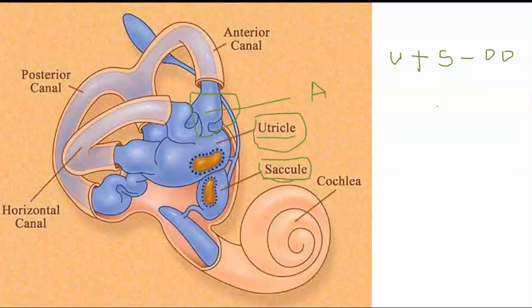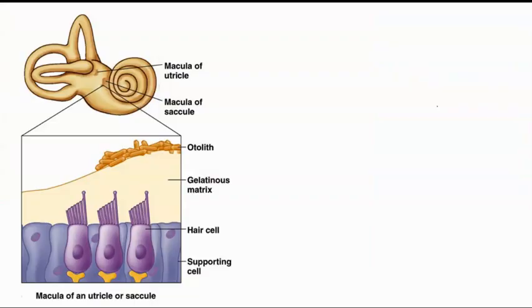And the semicircular canals and the otolith organ together constitute the vestibular apparatus. So let us recall: the otolith organ is the collective term used for saccule and utricle. And we have another term, the vestibular apparatus, which is the collective term for the otolith organ as well as the semicircular canals.